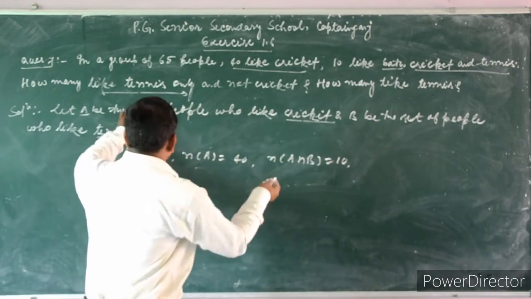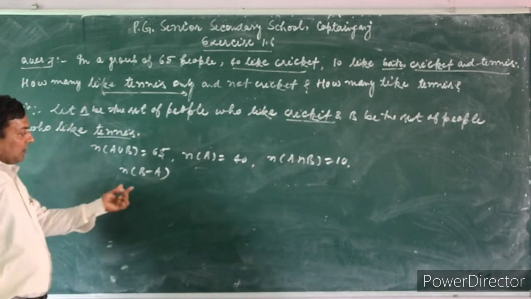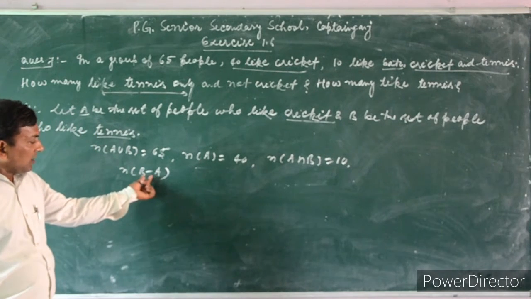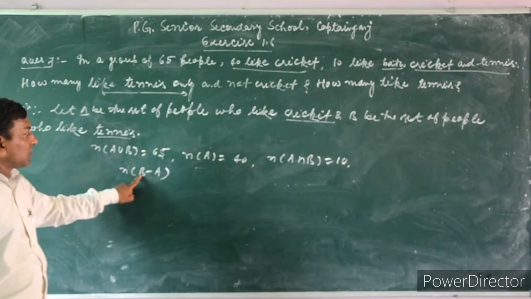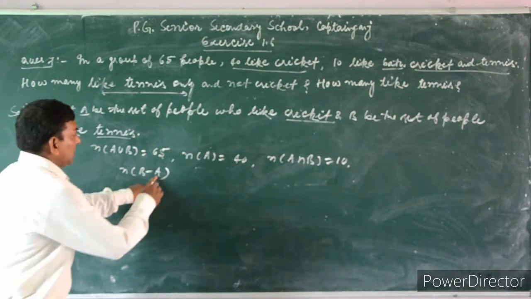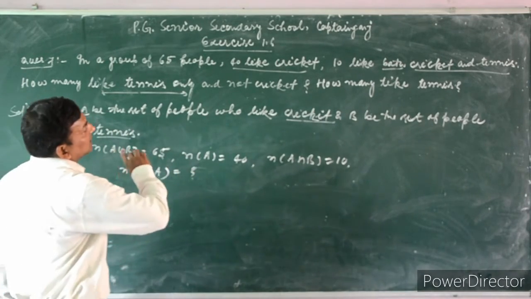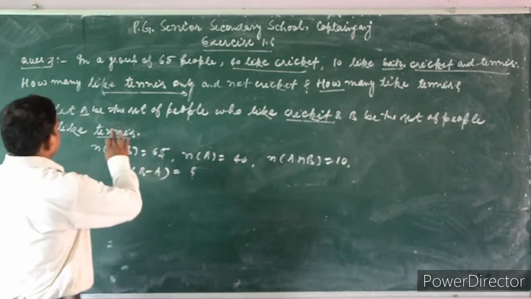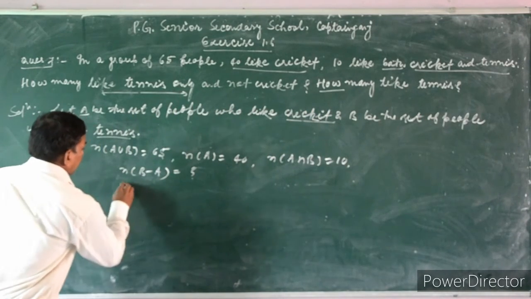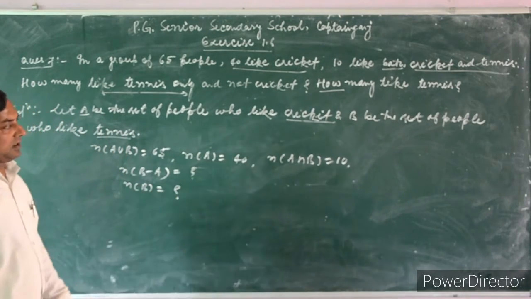Tennis only means we need to find the cardinal number of B difference A, the people who like tennis only but not cricket. And second, how many like tennis? Tennis is represented by set B, so we also need to find the cardinal number of B.